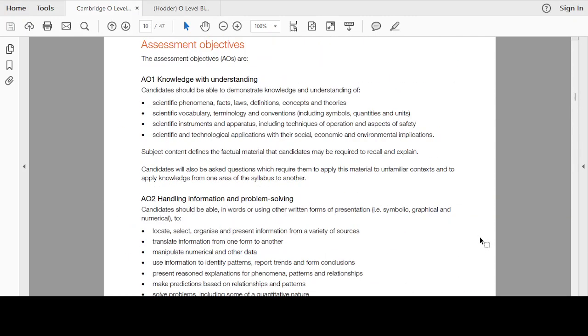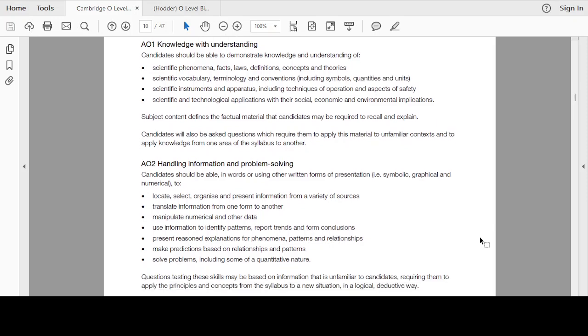Then we've got assessment objectives. So there are three categories of objectives that will be assessed. AO1 is the very basic, which is assessing the knowledge with understanding of a student. So they should be able to demonstrate knowledge of scientific phenomena, facts, laws, definitions, concepts, theories.